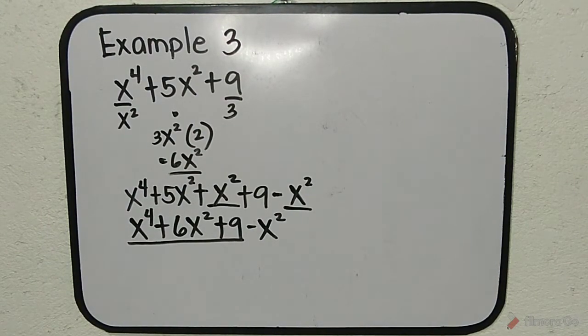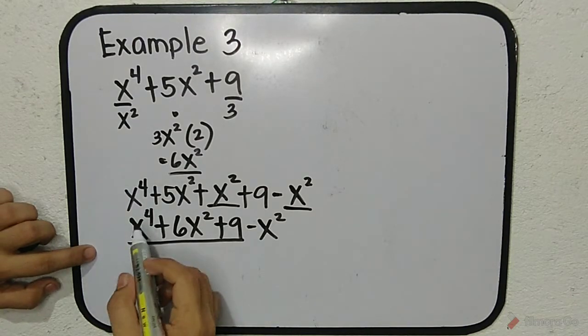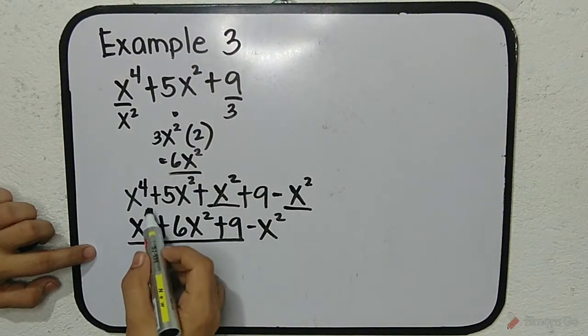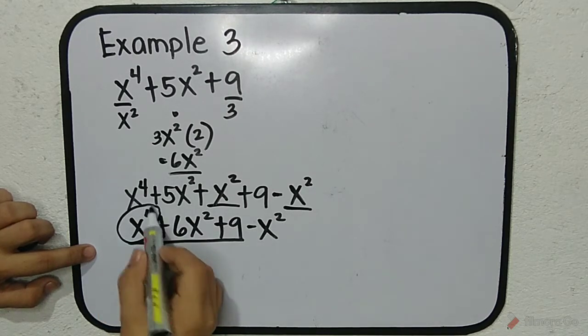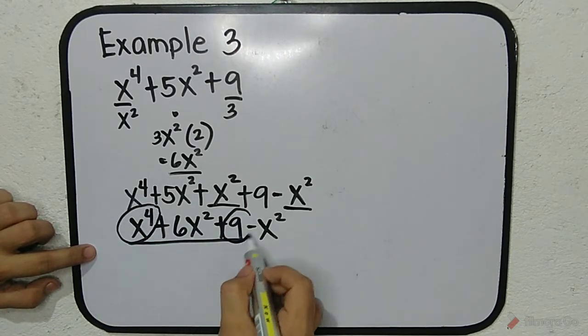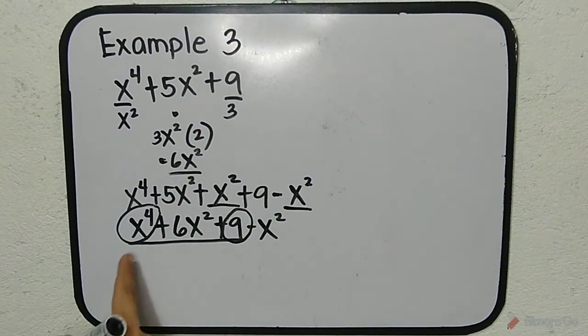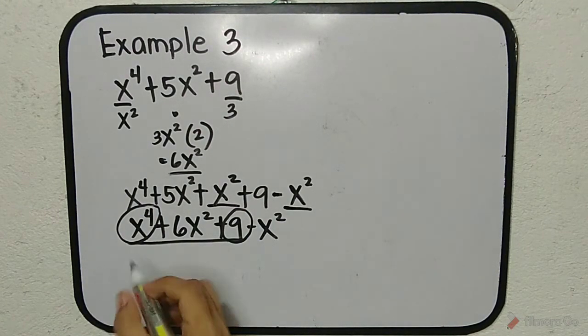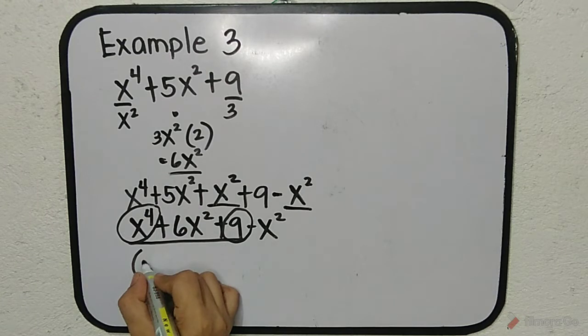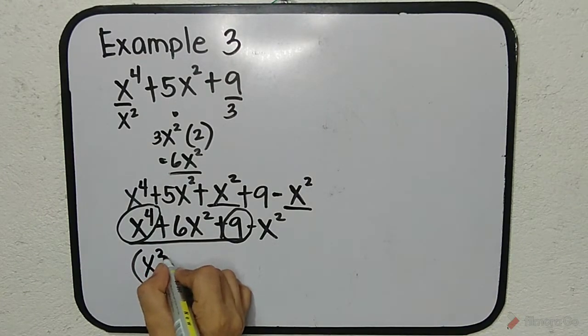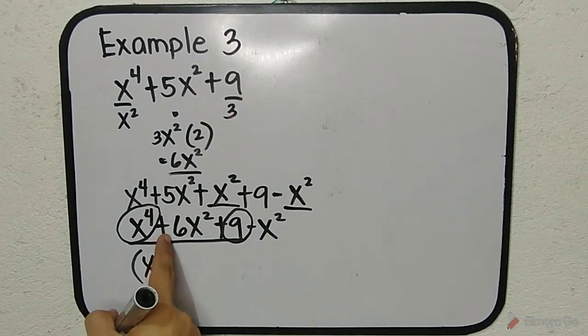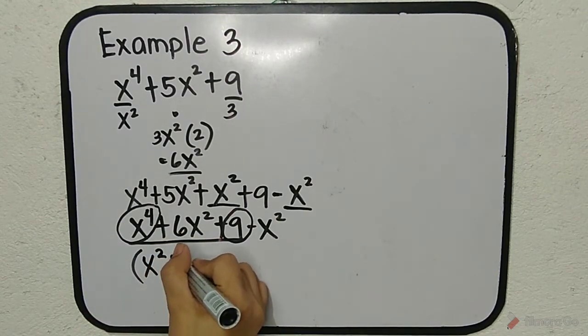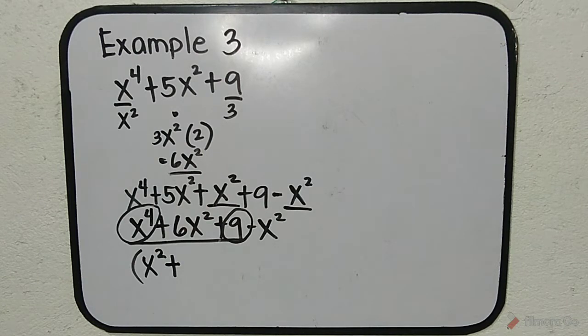So, pwede na ulit natin kunin ang ating square of a binomial dito. Papaano ulit? So, we're going to focus ulit sa ating x to the fourth at sa ating pangatlong term na 9. Okay? So, what is the square root of x to the fourth? So, the square root of x to the fourth ay x squared. Since plus ang ating sign dito. Next, what is the square root of 9?